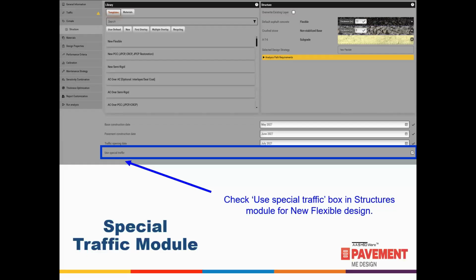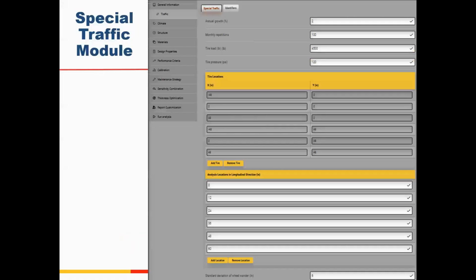So it's got to be a new flexible design. For that, you will see at the bottom of that screenshot, use special traffic, click that box, and then when you go to the traffic module, you're going to see the input screen for that, and that's what this looks like.